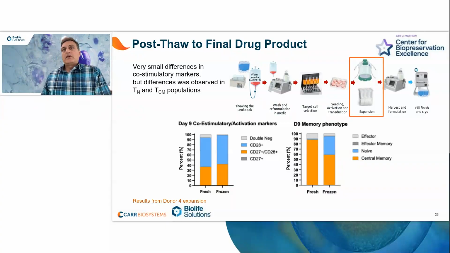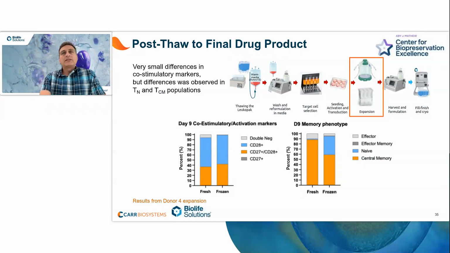But at this point, this is not a concern from what we generally know about the desirable portion of the cells of the cell product being the naive and central memory cells. We do have more naive population with the frozen arm compared to the fresh arm, which is interesting. It's not a negative score, I guess, on the frozen arm based on what we know, but that's a difference that we have noticed.